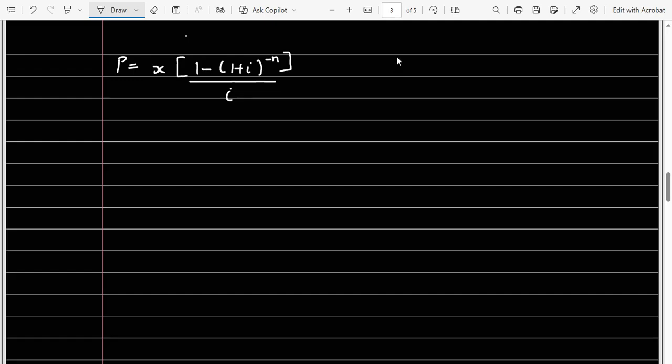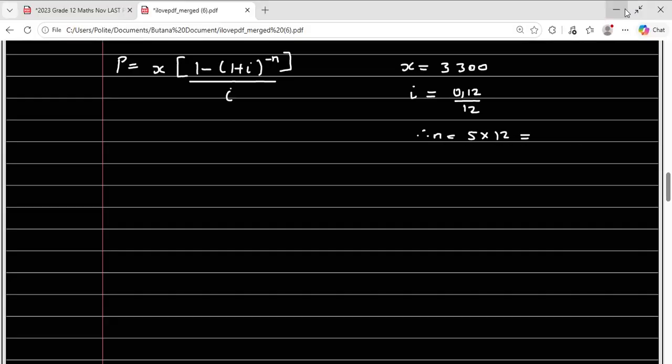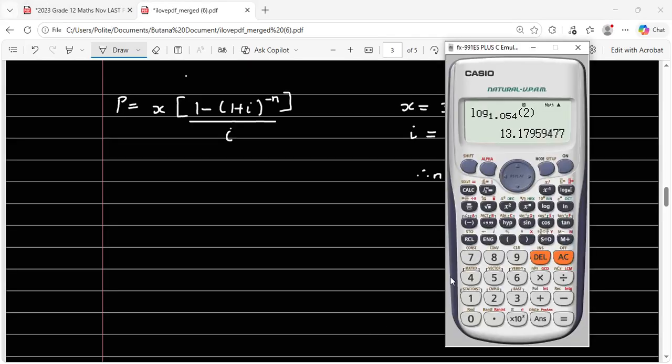I have X, the monthly equal payment given as 3,300, and the interest rate will be 0.12, which is 12% divided by 100, but this is compounded monthly. Therefore, we have n to be 5 times 12. What is that equal to? I think it's 60.